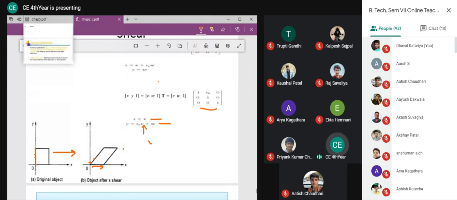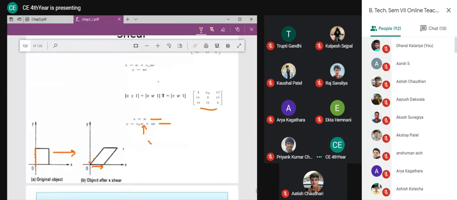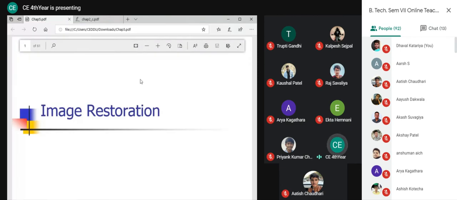Okay, so now we are going for chapter 5, and it is regarding image restoration. This is a very interesting chapter, but actually it is related to chapter 4. So a few things I will tell you that you will learn after chapter 4. Why do we need to take this first?